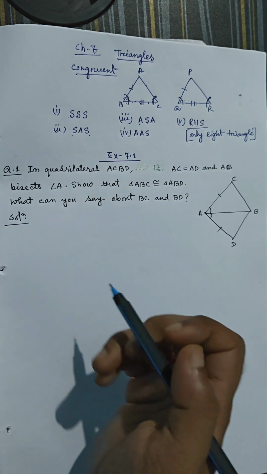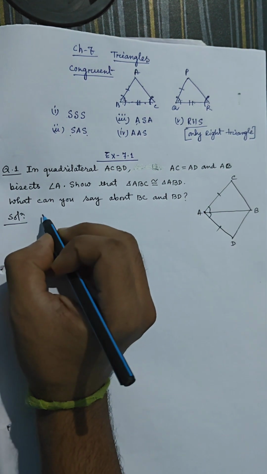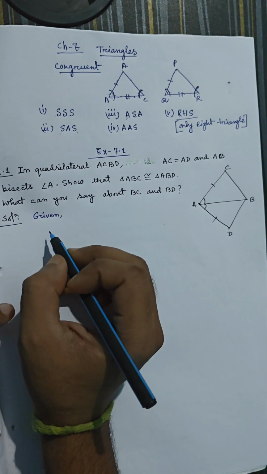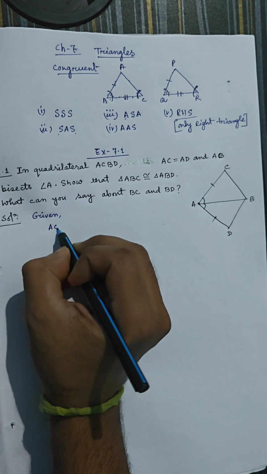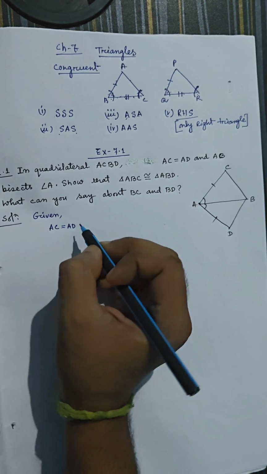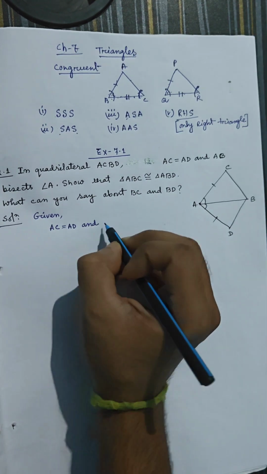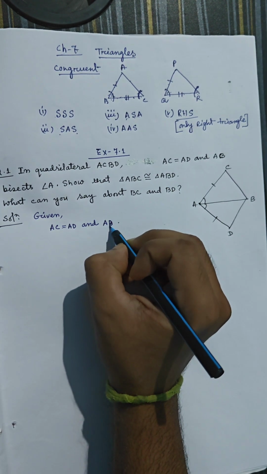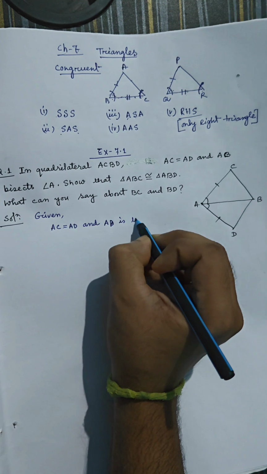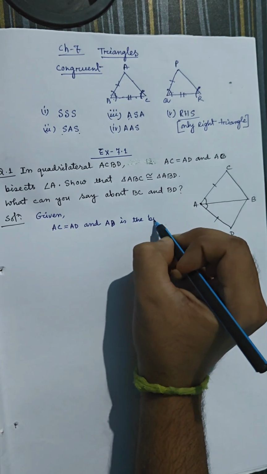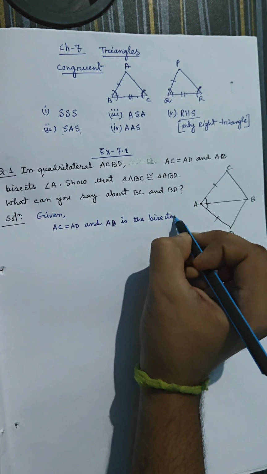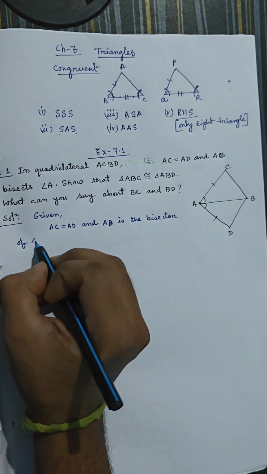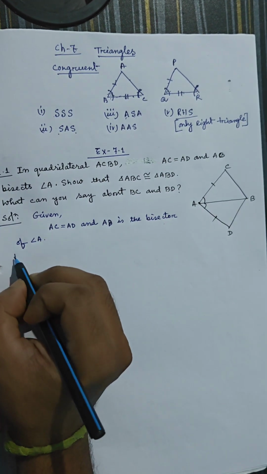Okay, so first we will write given: AC equal to AD and AB is the bisector of angle A.